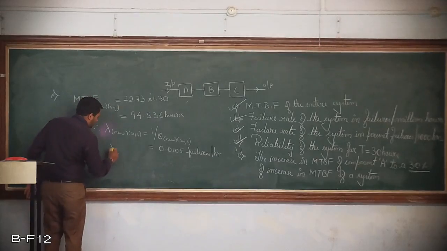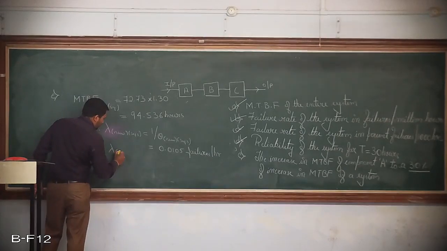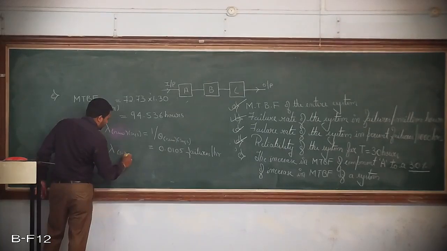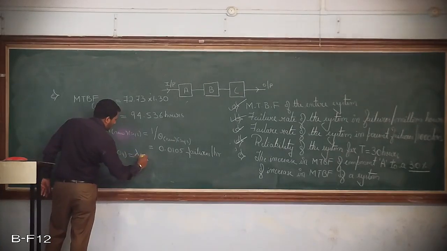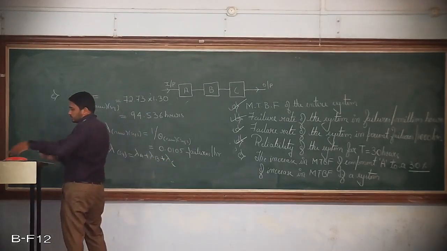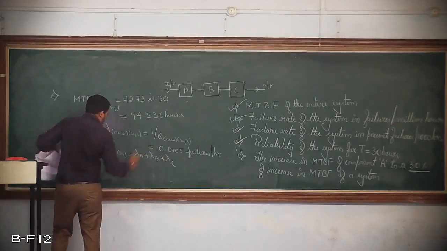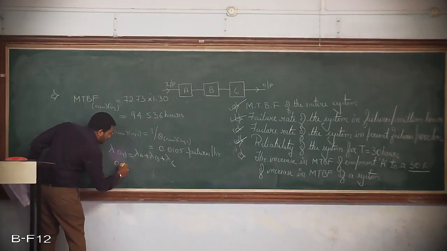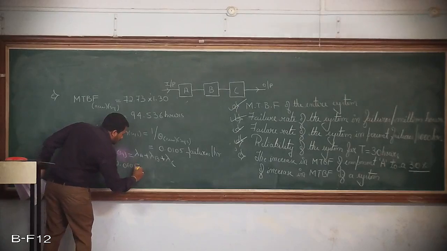And we know that for a system connected in series, the failure rate of the system is equal to A plus B plus C. So this is the failure rate of the new system, 0.0105.